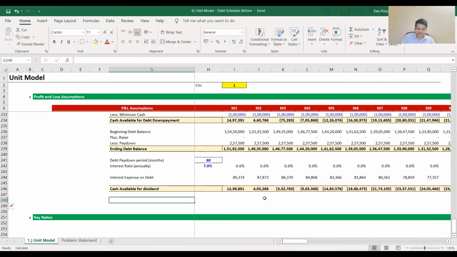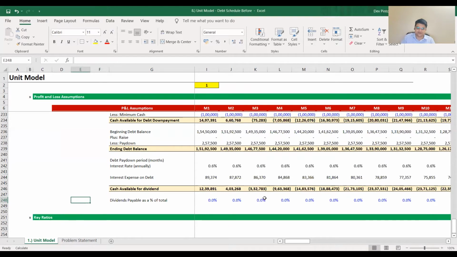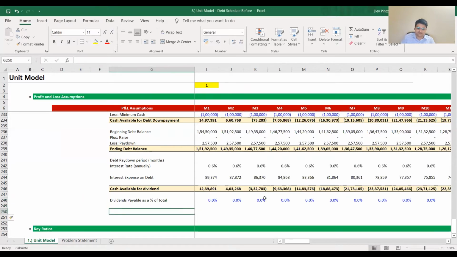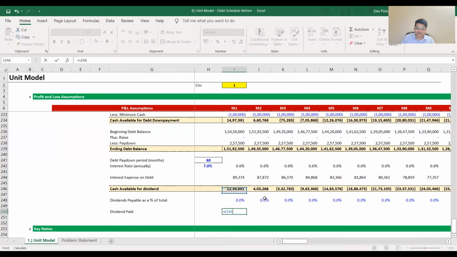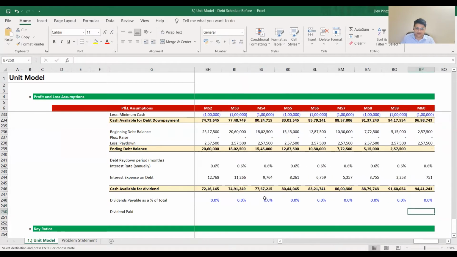So let's just say dividend payable as a percentage of total, let's just say 0%. I'll explain what the 0% means in a bit. Dividend paid will then become nothing but this into this, assuming that this is positive. If this is greater than 0, then this, else 0, right?